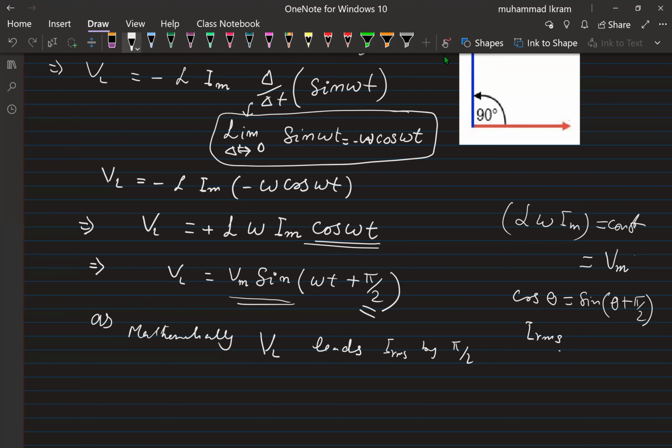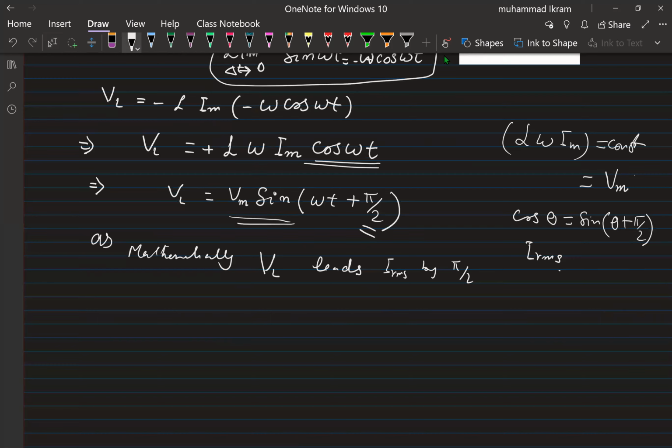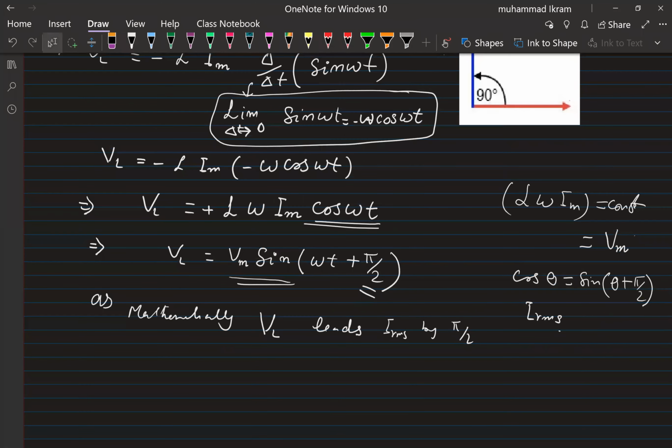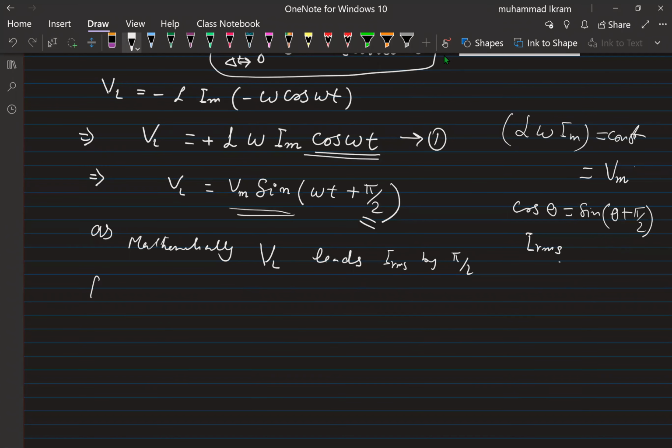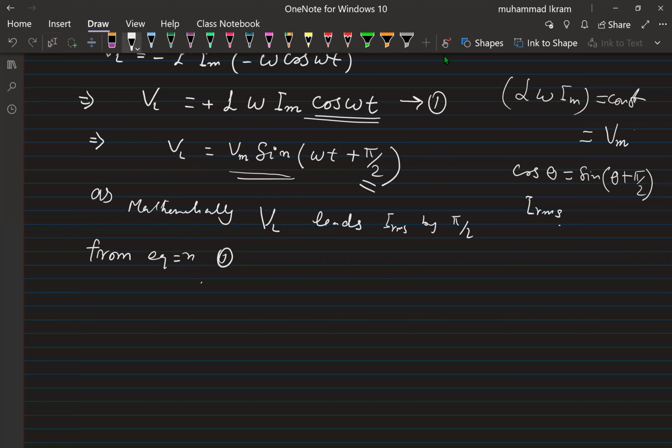Is it clear? Now let us go back to the equation. Let me label it as equation number 1. So from equation number 1, I can write that this VL equals L omega into Im into cos omega t.